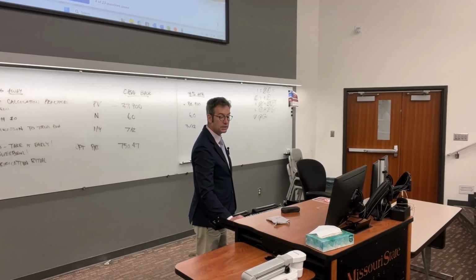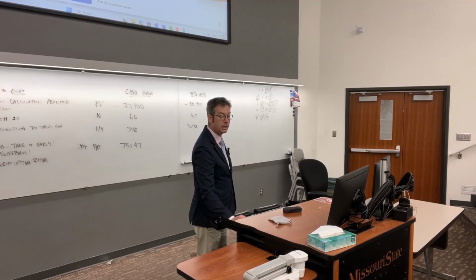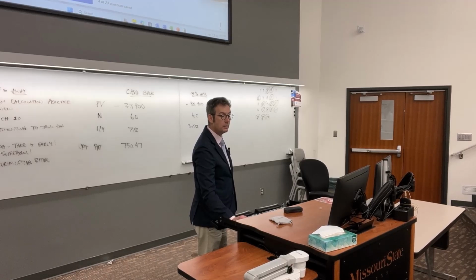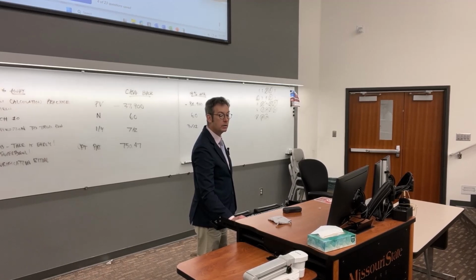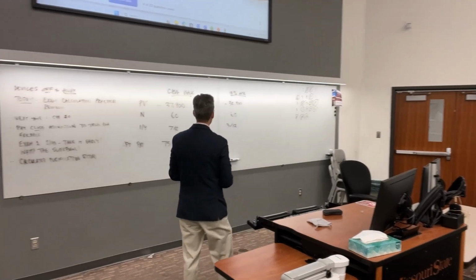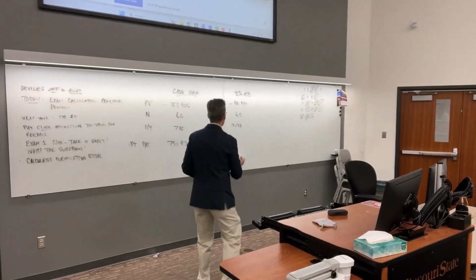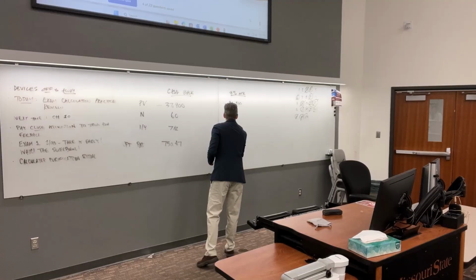Okay, so I'm going to say 38,900 negative present value, 3 divided by 12 equals I/Y. And then I'm going to compute the payment. $698.98.